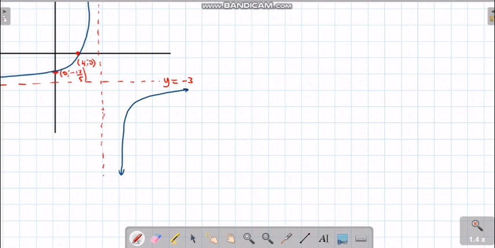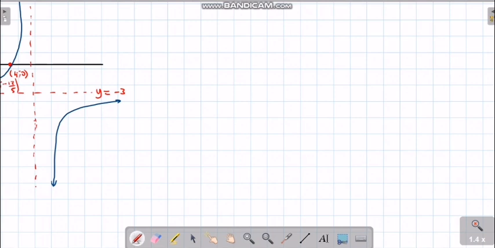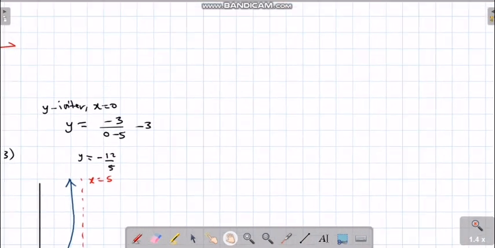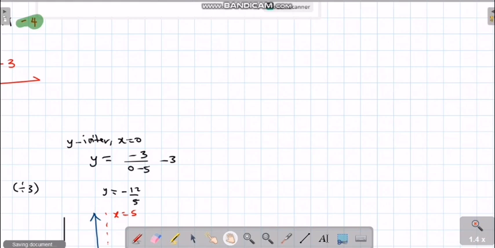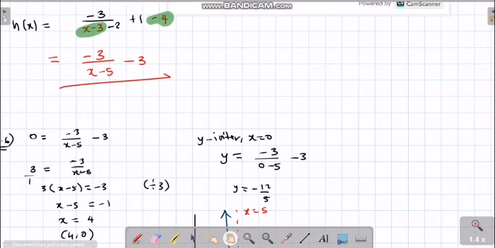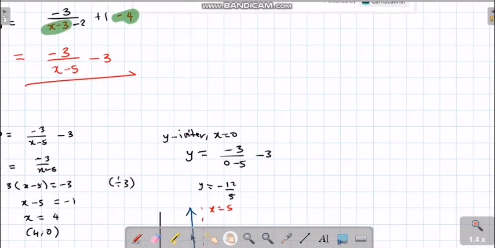Okay, so now we are saying that -4. If you don't know how you get that -4, you can take the equation of h and equate it to -4. You can say -3 over x minus 5, minus 3 is equal to -4. Then -3 over x minus 5 is equal to -1 over 1.